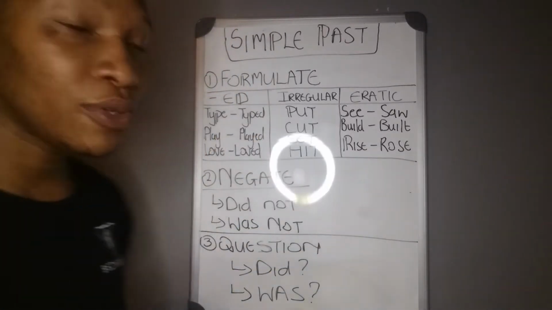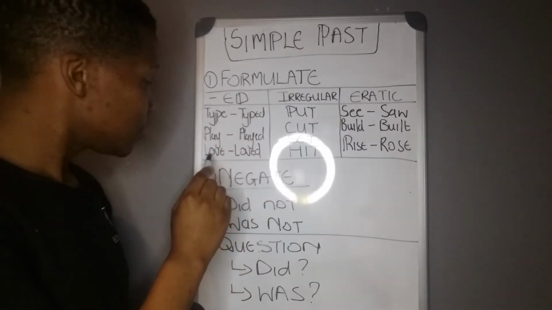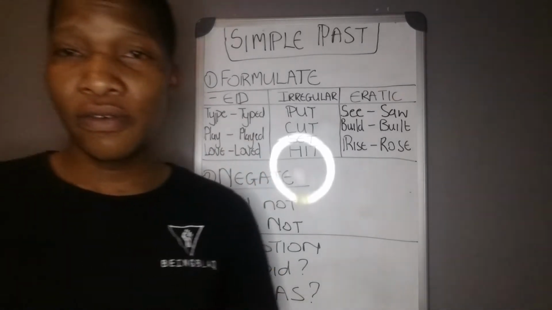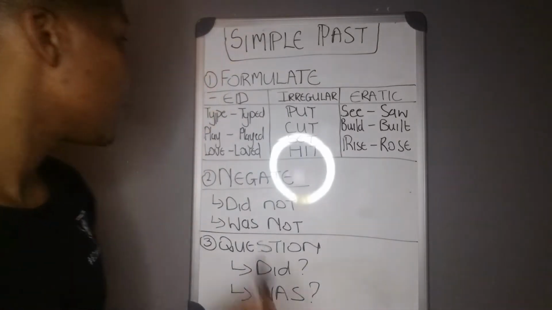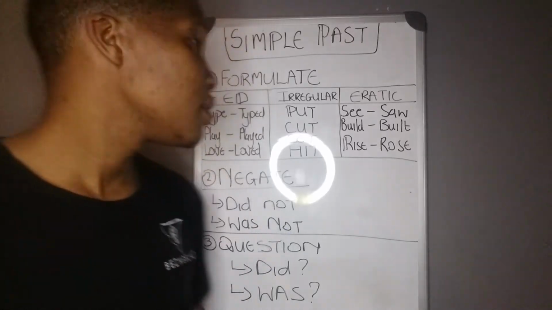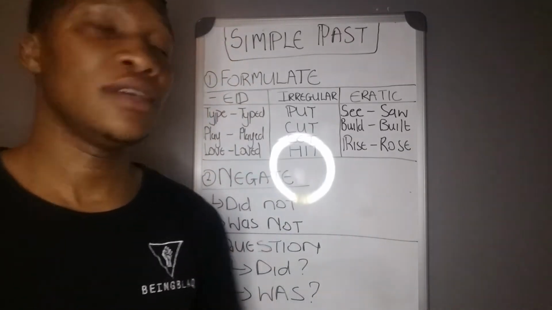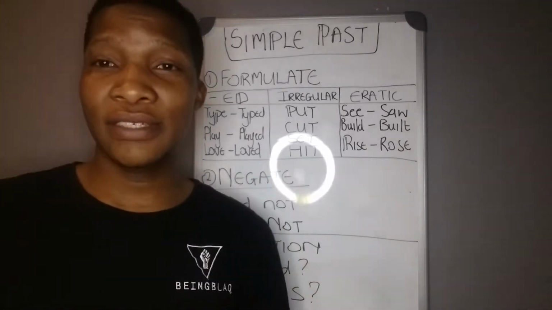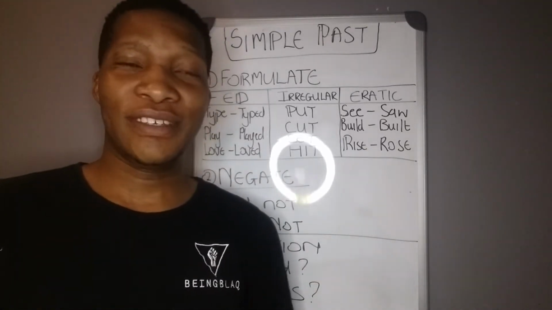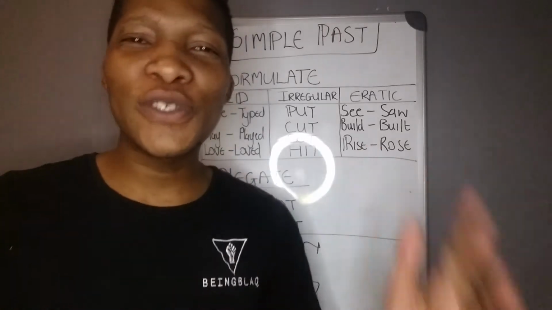Some examples are type, typed; play, played; love, loved. For example, I typed a letter yesterday. I played soccer with my friends yesterday. Another one: I loved sushi at one point in my life.